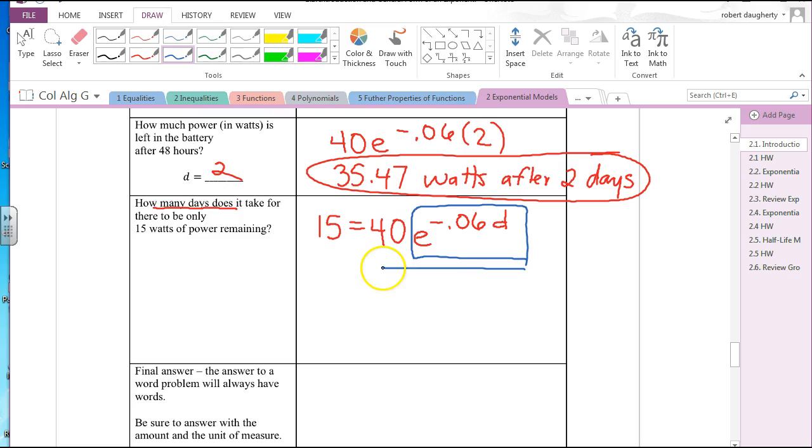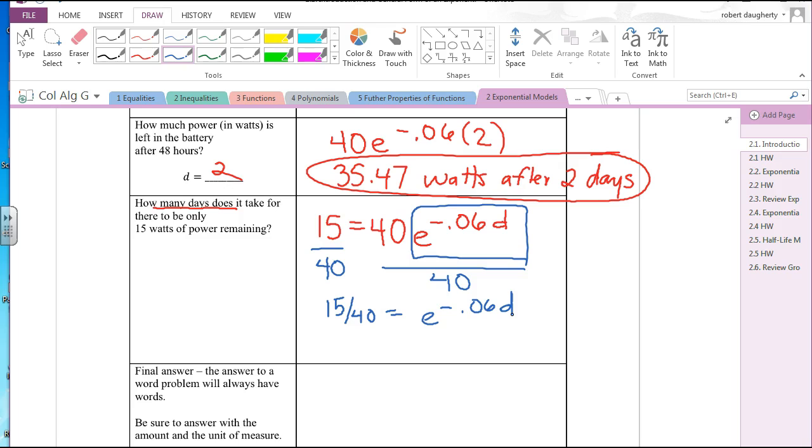So if I divide everything by 40, I get 15 over 40 equals e to the minus 0.06 D. Now do I have the exponential all by itself on the right? Yes. Now I'm prepared to solve for that exponent, and I have to use logarithms. I'm going to take the log, what base?